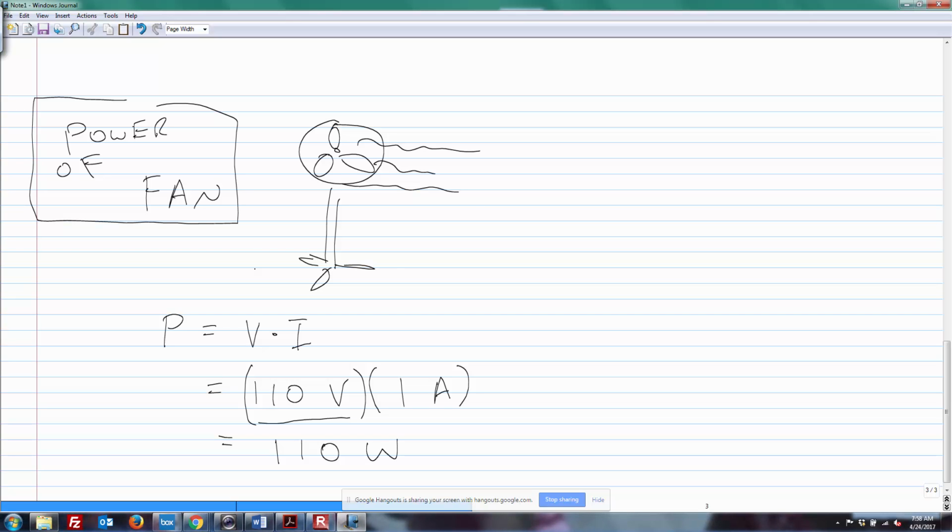So you have electricity coming in from the wall. This is electrical energy coming in, and here you have mechanical energy coming out, likely about 110 watts.